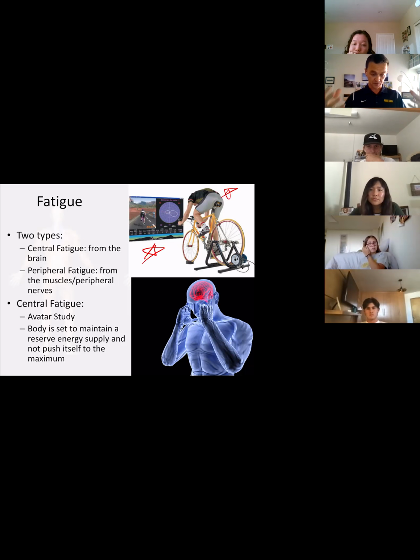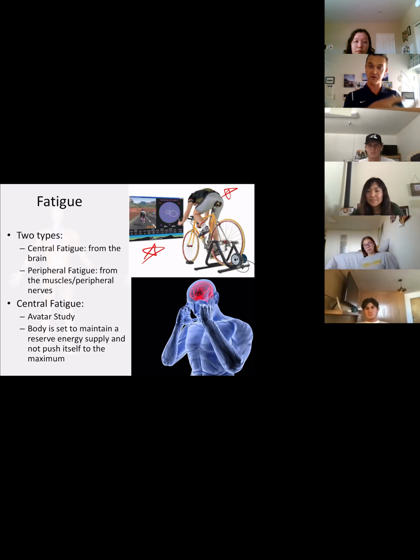Okay, and then they record that, kind of know exactly what their maximum ability is, and then they bring them in 2 more times. And those 2 times they're racing this hologram guy. Okay, so they project this hologram image, and both times they tell the cyclist that the hologram person is set at your exact pace you did last time that you did this trial by yourself. All right, one of those times they're telling the truth, the other time they're lying. Okay, but the cyclist doesn't know that.